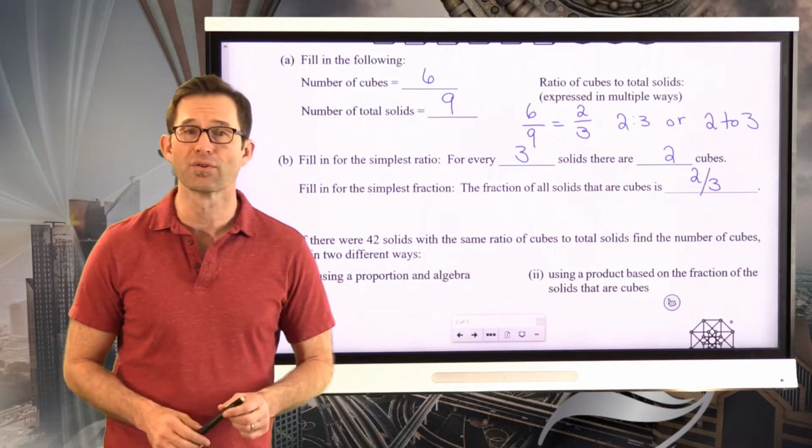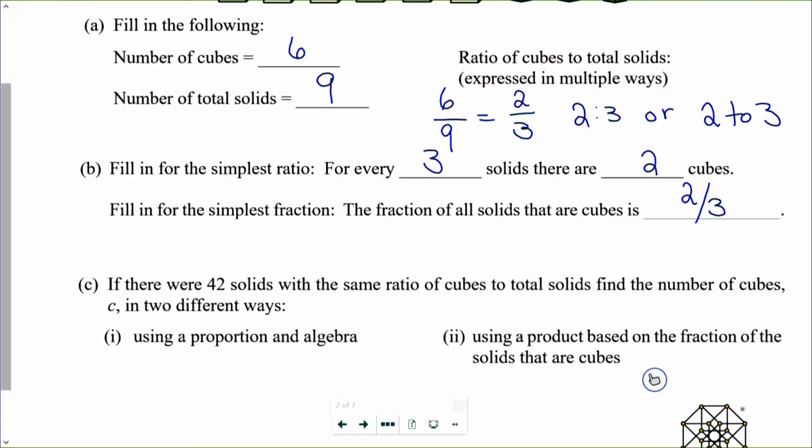Now, let's take a look at letter C. If there were 42 solids with the same ratio of cubes to total solids, find the number of cubes in 2 different ways. The first way is by using a proportion in algebra, and the second is using a product based on the fraction of solids that are cubes.